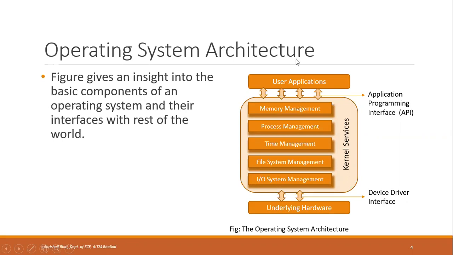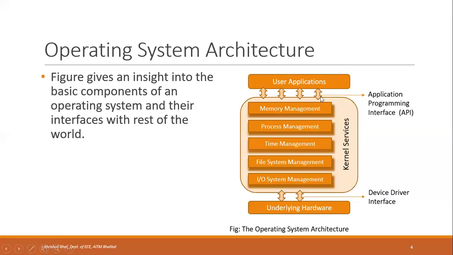Then you have the user applications, which are based on the kernel services. These kernel services are interfaced to the underlying hardware through the device driver interface. Then the user applications are interfaced to the kernel services through the API, that is application programming interface.